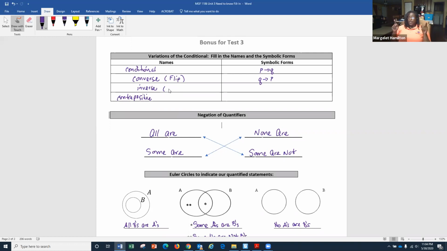What you're going to do is negate each statement. That's it. So you're going to say flip, some people will say change, and some people might say negate. Again, this is just whatever word you feel comfortable with.